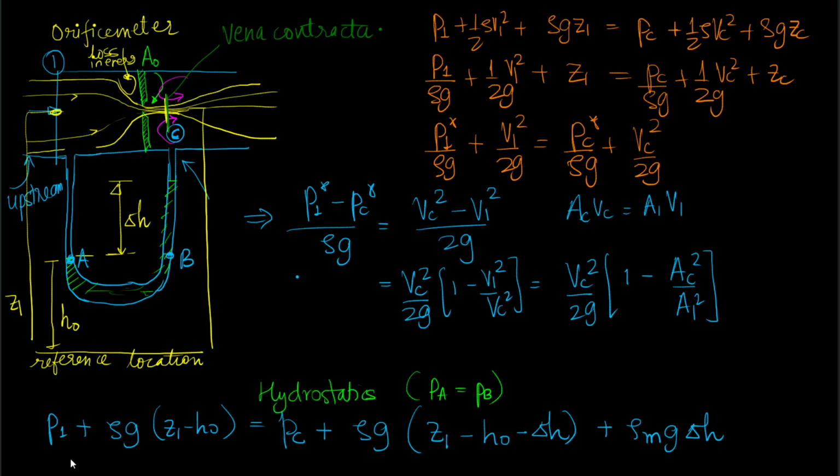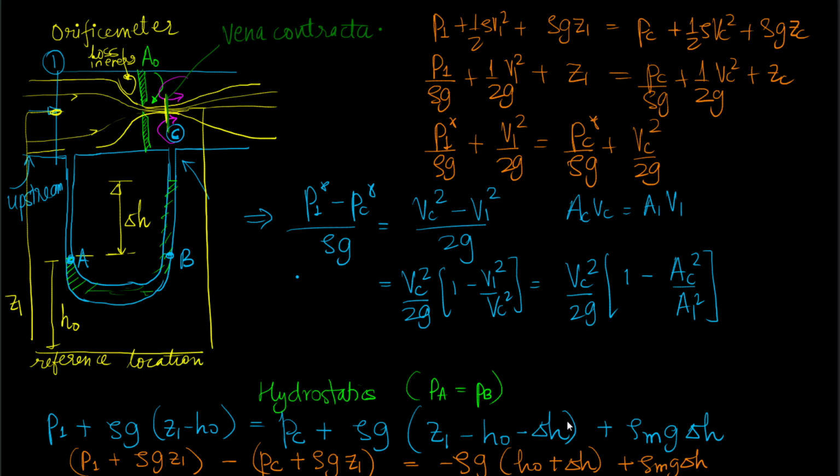So from this we obtain P1 plus rho g Z1 minus PC plus rho g Z1, and this will be equal to minus rho g (H naught plus delta H) plus rho M g delta H, plus rho g H naught.